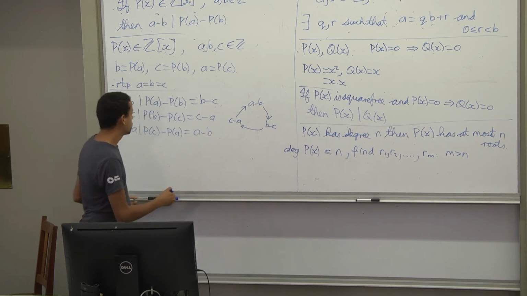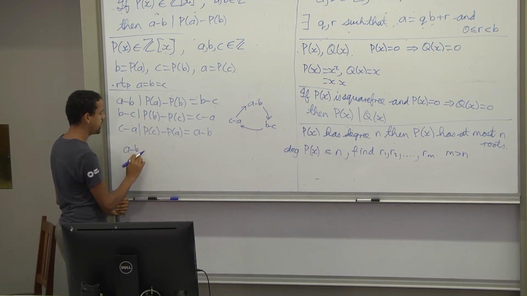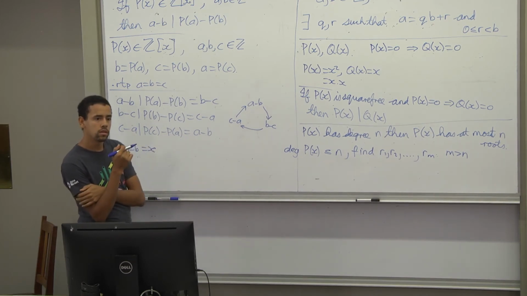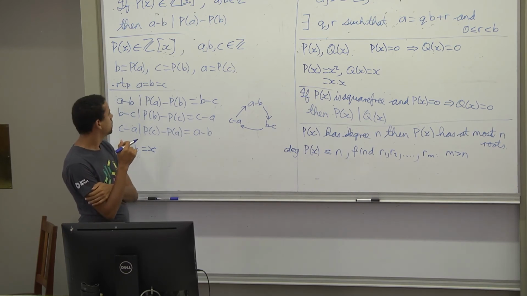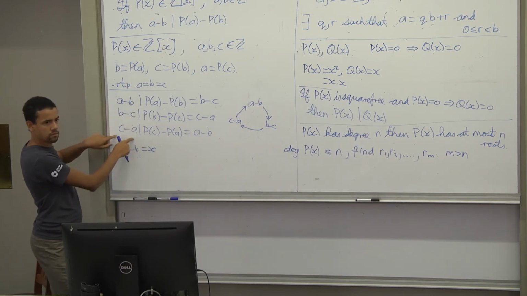So let's say a minus b is x. Can I just ask maybe a simple question? Yeah. So if a equals b equals c, the only solution for that is for all of them to be zero? Well, you want the differences to be zero. Okay.